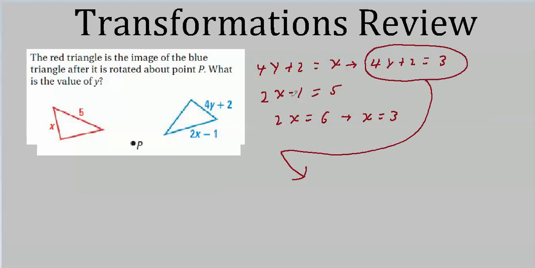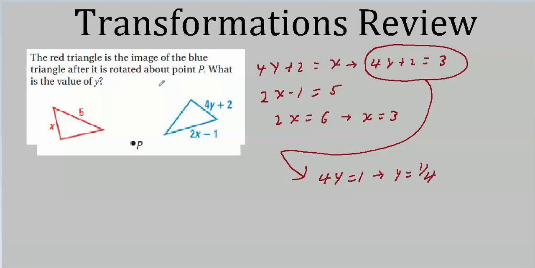This part follows from this after we have that x equals 3, so I can rewrite this as 4y, subtract 2 from each side, equals 1. And so we would end up with y equals 1/4. I think that's what they asked us for, to find the value of y.